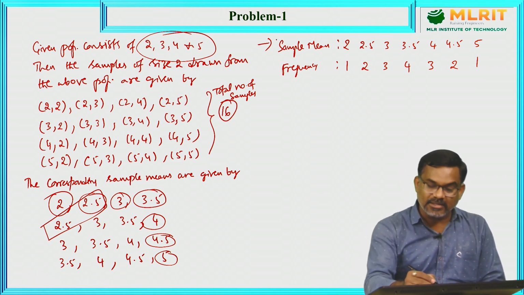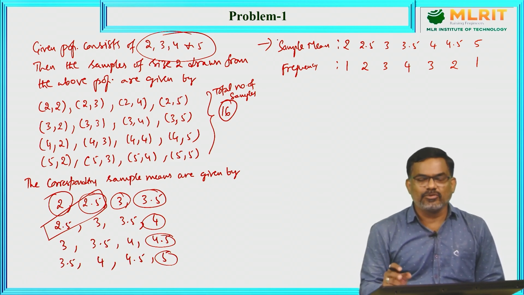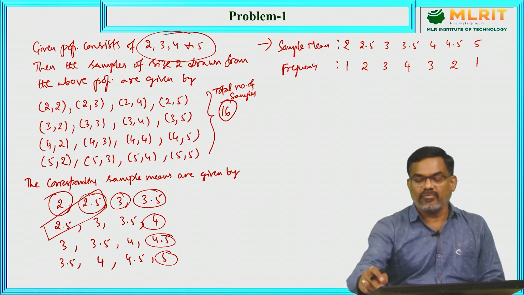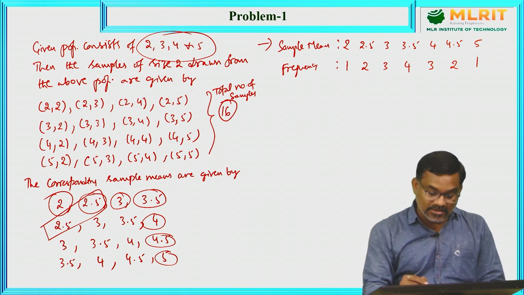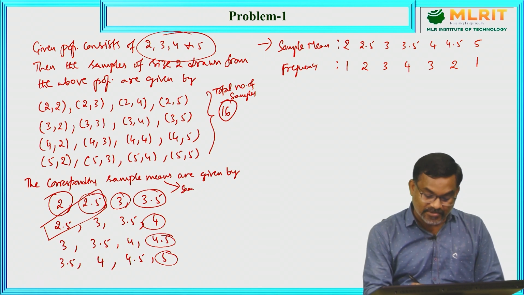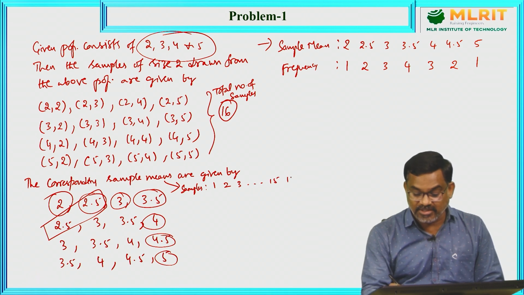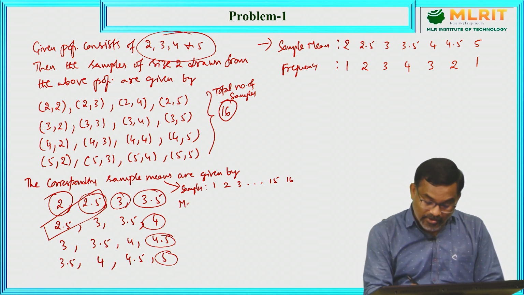So, we can represent the sampling distribution of means in this form also. Otherwise, how to represent the sampling distribution? The samples: first sample, second sample, third sample, like that, 15th sample, 16th sample. Then the corresponding means.